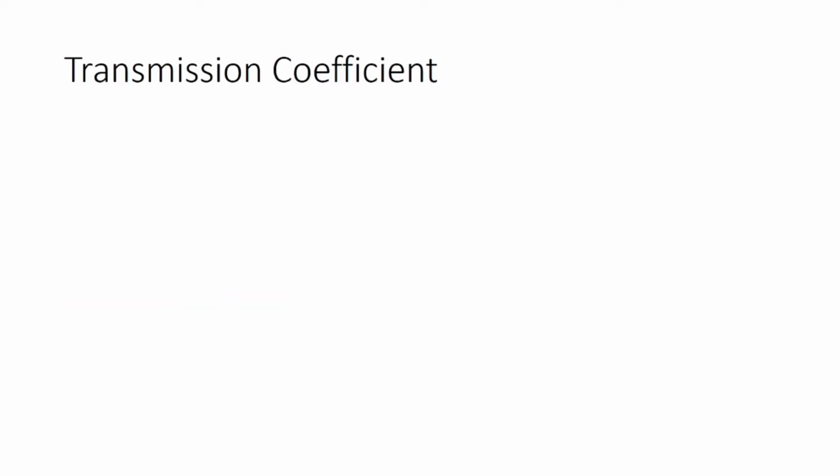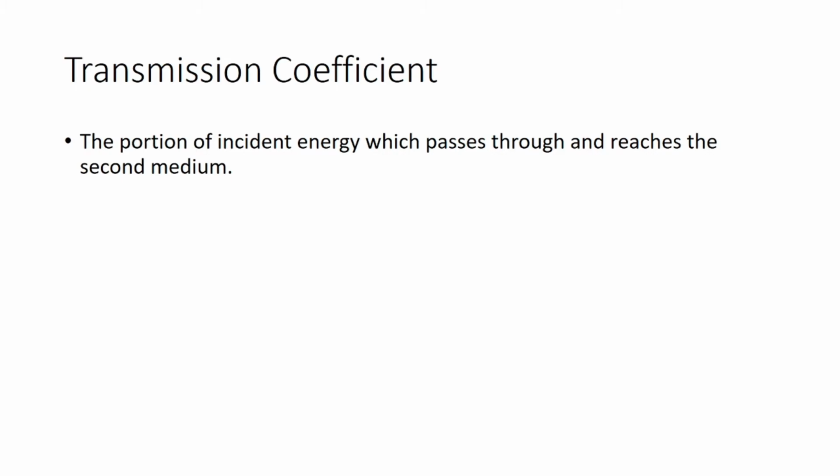The transmission coefficient is defined as the portion of incident energy which passes through and reaches the second medium. It is defined as Et naught by Ei naught. And Ei naught plus Er naught equals Et naught. From the earlier result, I can write Ei naught plus gamma Ei naught equals Et naught.